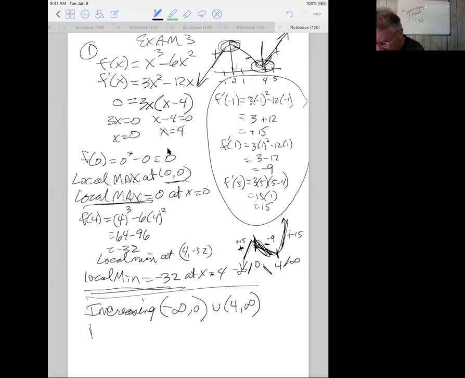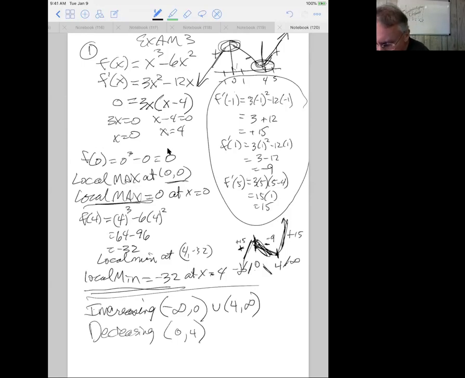The decreasing interval is in between 0 to 4, open intervals again. You don't count the endpoint because it's not increasing or decreasing at the endpoints. Slope is 0. Questions on number 1, A?